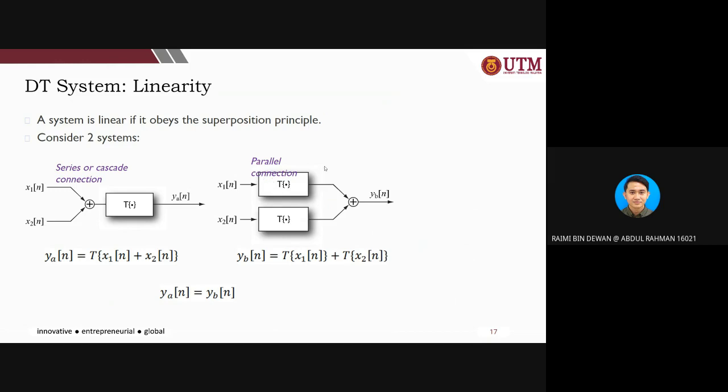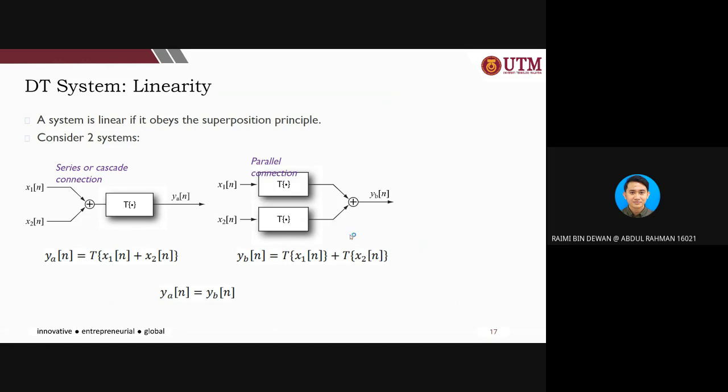So we have some output here, and x[n] undergoes transformation, and we have some output here. Together this output is added to produce y_b[n]. For the series case, the result is y_a[n], and for the parallel case, this is the output.